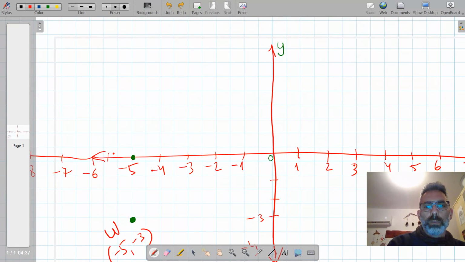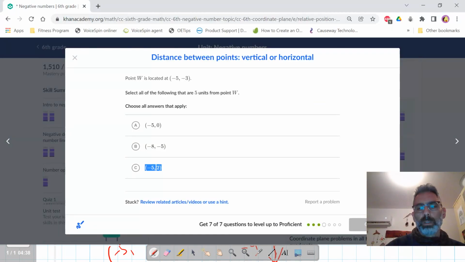This is 1, this is 2, so negative 5 and 2 will be somewhere here. This is negative 5 and 2. So on the y-axis, here a distance of 2, and here a distance of another 3. So this is 5 units away.